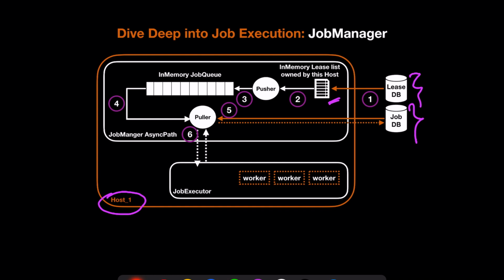This job executor knows what to do based on the job type, and it notifies a worker, hey, execute this job. When the worker finishes executing it, the job executor again notifies the puller we are done with the job. And finally, the puller updates the latest status of the job into the job database at step 9.